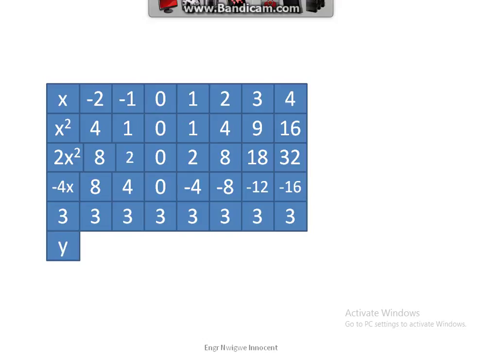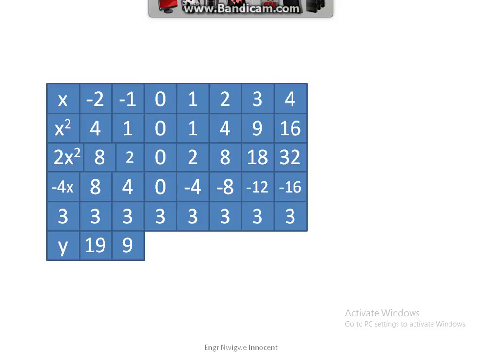Then we do the mathematics along the column: 8 plus 8 plus 3, our y becomes 19. Then for x equals minus 1, 2x squared is 2, minus 4x is 4, and 3, so 2 plus 4 plus 3 gives us 9.